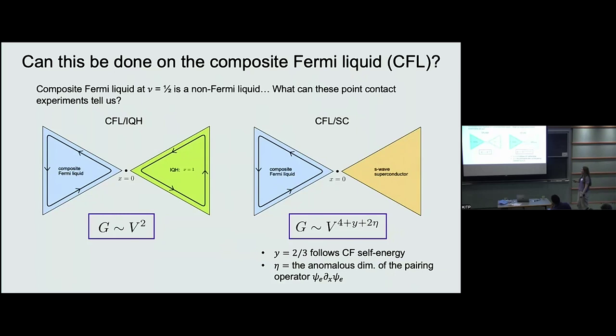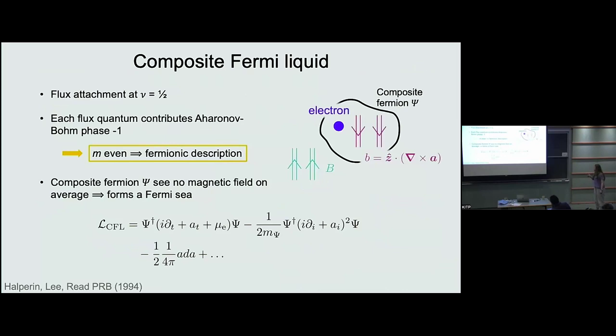For the composite Fermi liquid integer quantum Hall interface, you find that G goes as the bias V squared. So it turns out there's really no information about the non-Fermi liquid nature of the left-hand side here. But when you do look at the superconductor interface, we find that it goes as V plus certain dimensions that depend on both the self-energy as well as the anomalous dimension of the pairing operator. So why don't I try to explain that?